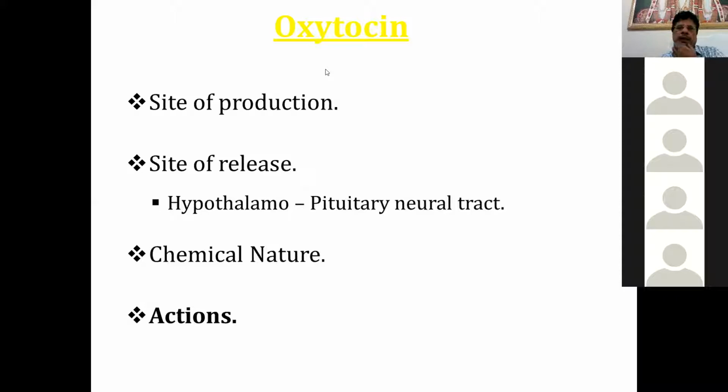Then we saw the receptors for ADH, how it binds to the receptors. There are 3 types of receptors, and the second messengers involved. And then we looked at the applied aspects for ADH. What are the applied aspects for any hormone?